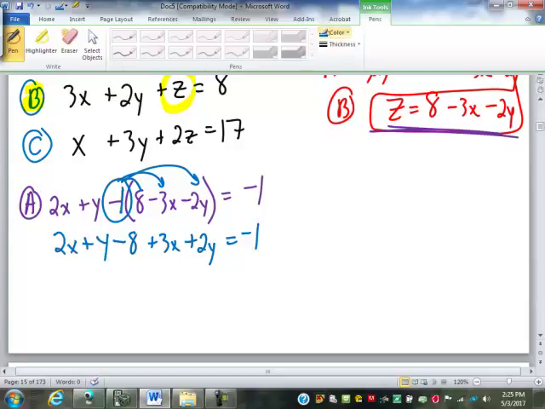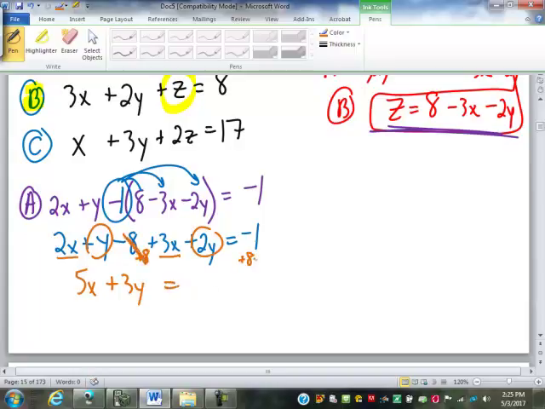So now I'm just going to rearrange. I have 2x and 3x makes 5x. I have y and 2y make 3y. And now I'm going to save a step here. I have to get that negative 8 out of there. I'm going to add 8 to get rid of that.